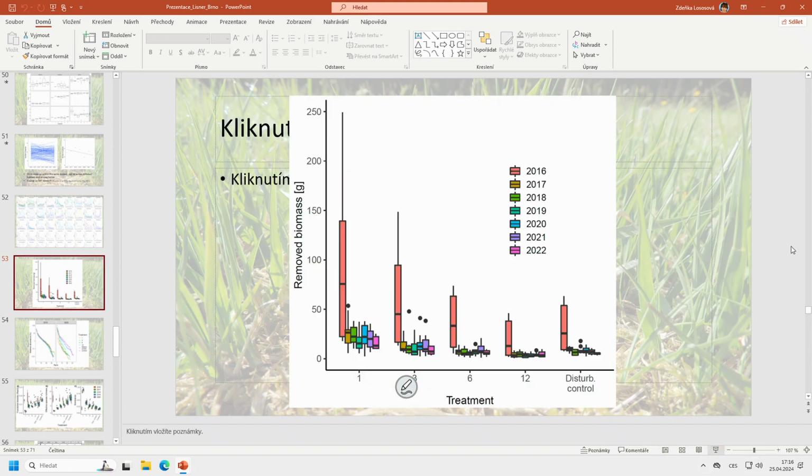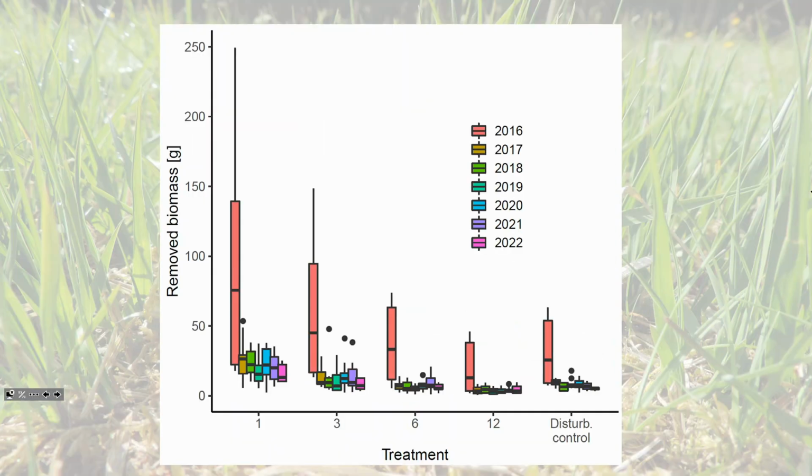And this is the weeded biomass. You see what was weeded at the beginning. It's the red bar in different treatments. Of course, in monocultures we weeded quite a lot in the first year, but in the second year it was just a small portion of it, and it stays basically stable across all treatments.